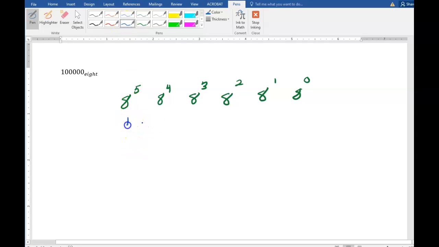And we have a 1, 0, 0, 0, 0, 0. Okay? So this is base 8. So if you think about this, remember that we can have 0, 1, 2, 3, 4, 5, 6, 7 in our values.